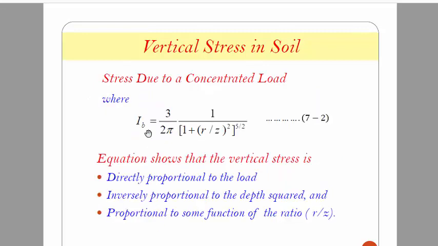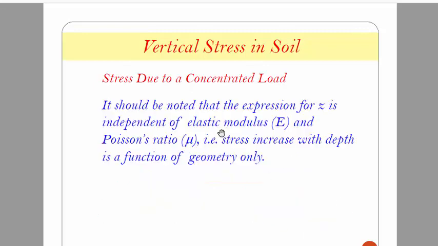IB is the influence factor. In this equation, the vertical stress is directly proportional to the load, inversely proportional to the depth squared, and proportional to a function of r by z. It should be noted that it is independent of the elastic modulus and Poisson's ratio. Stress increases with depth as a function of geometry.